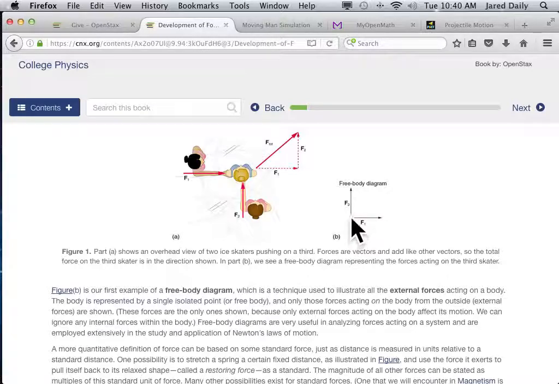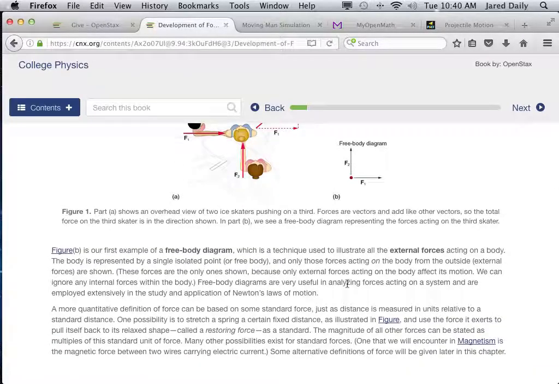And then the two forces that are being applied are drawn as forces that move away from that point, so they point away from that point. And they're drawn as arrows. The length of the arrow represents the strength of the force, or the magnitude of the force. And the direction of the arrow, of course, represents the direction of the force. So this is a free body diagram, we call it.